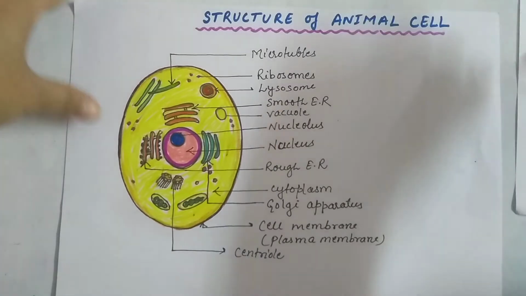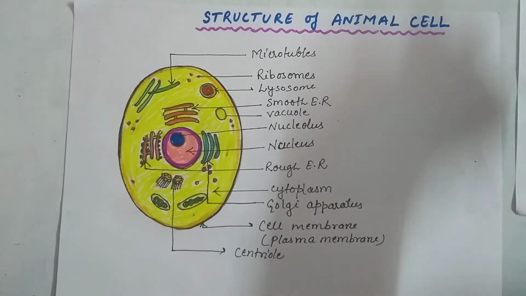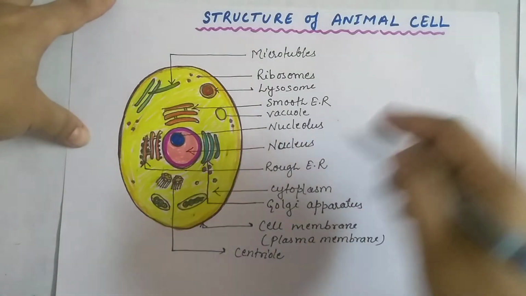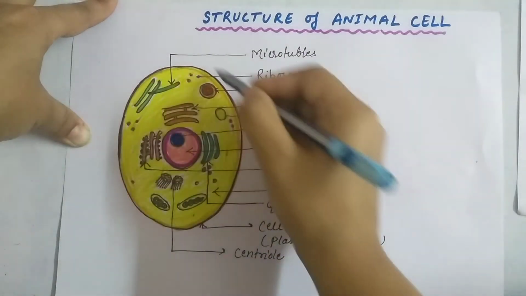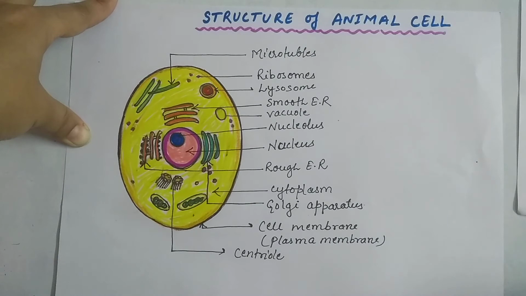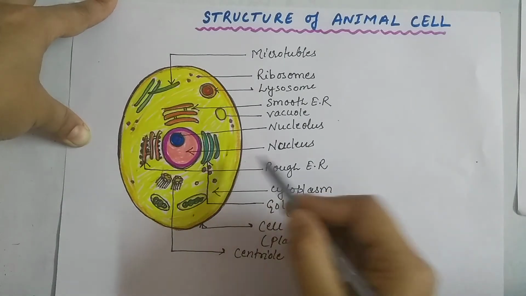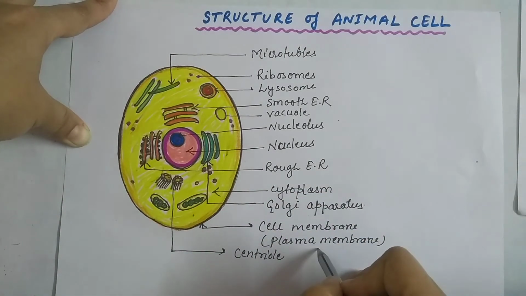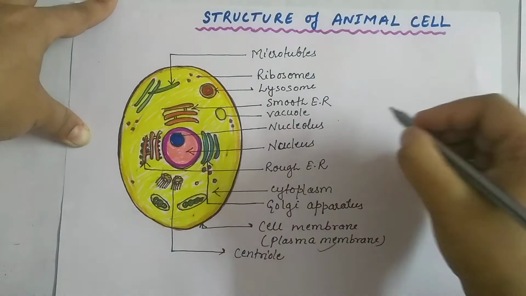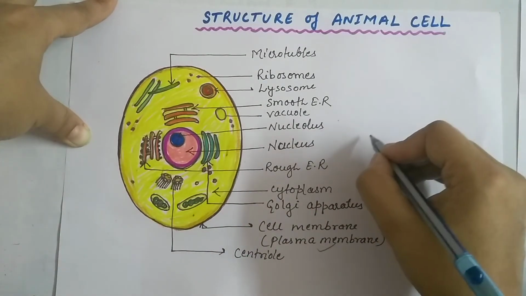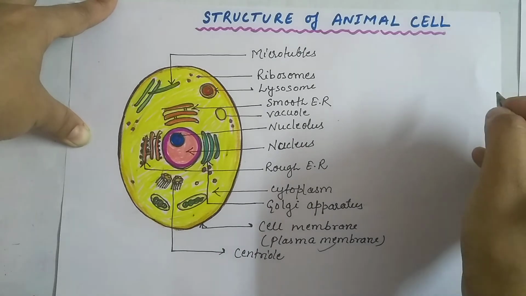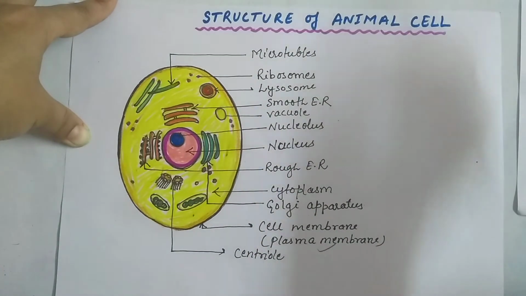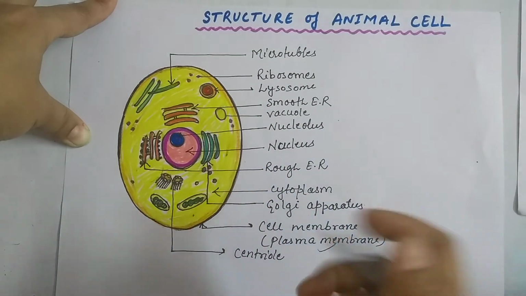Next is the structure of the animal cell. So this is the structure of the animal cell. The animal cell contains only one layer of outer membrane, that is called the plasma membrane. This animal cell does not contain any cell wall, so that is the difference from the plant cell.